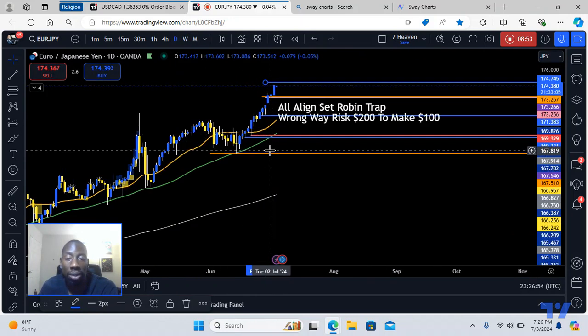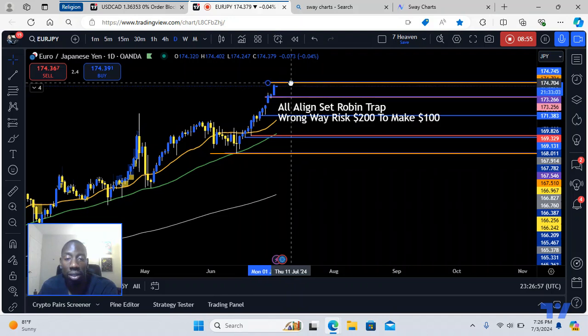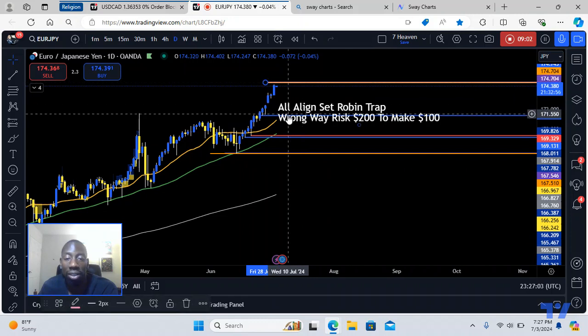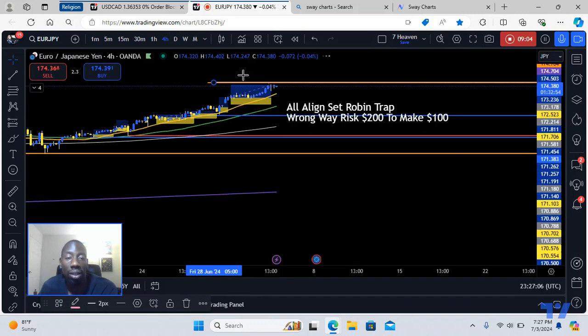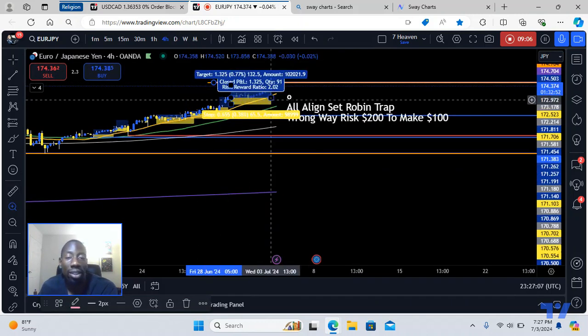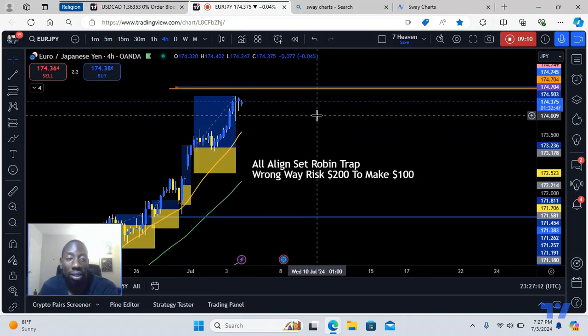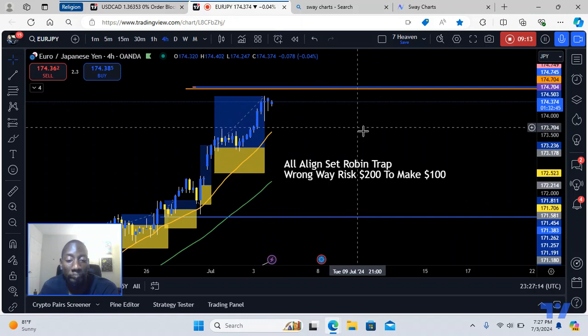Daily, same thing, the structure. Right? Just moving this stuff up. Of course, it's not right on the candle, but I'll just do that until this thing decides to stop and hold its tracks. So this is the 4 hour.